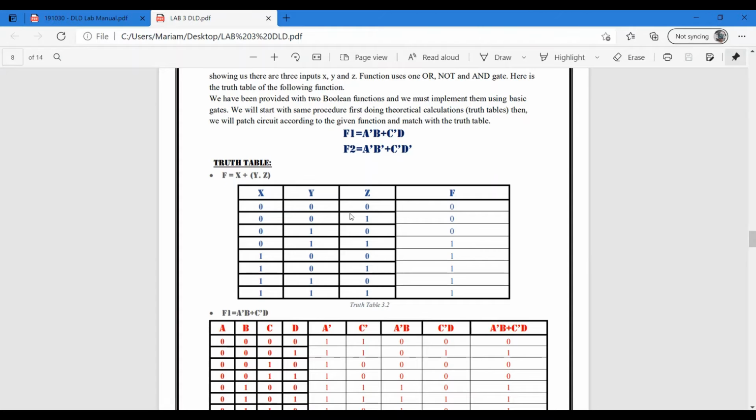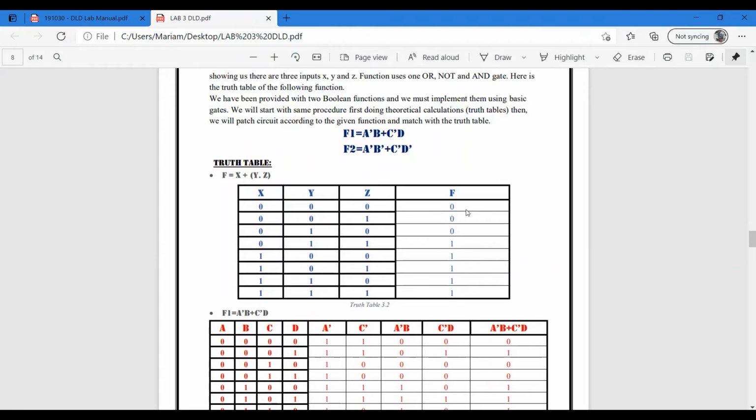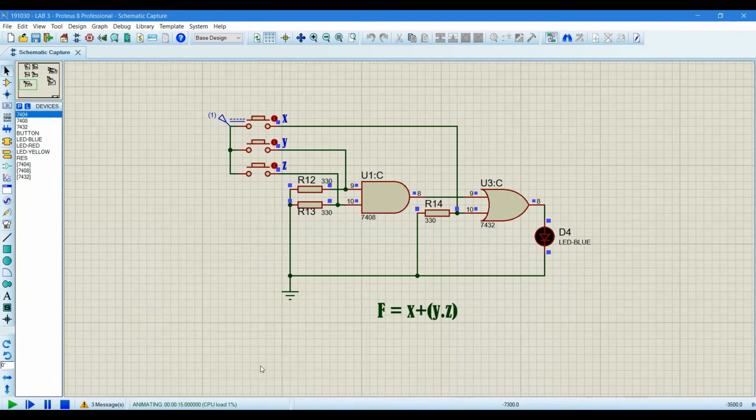At 000, the function gives 0, 0 and 0. As it is 0, it matches the truth table. Now 101: so 1, 0 and 1, and it is on.